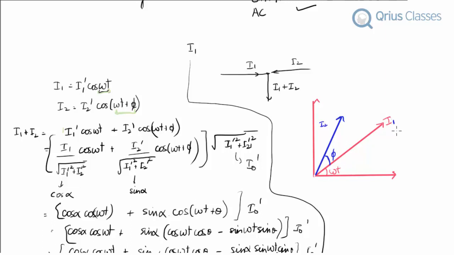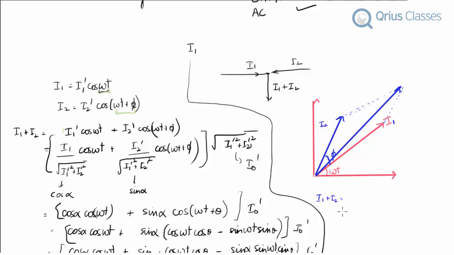And we have to add these two. So it's just like adding two vectors. I1 plus I2 would be nothing but adding these two vectors.